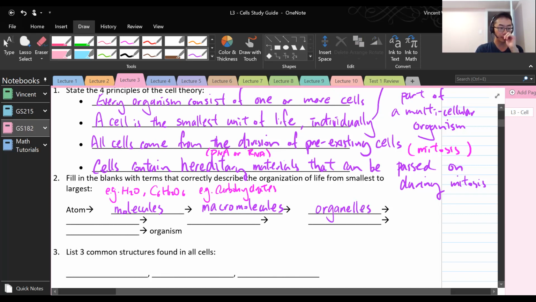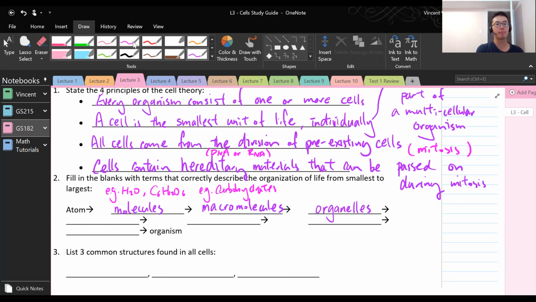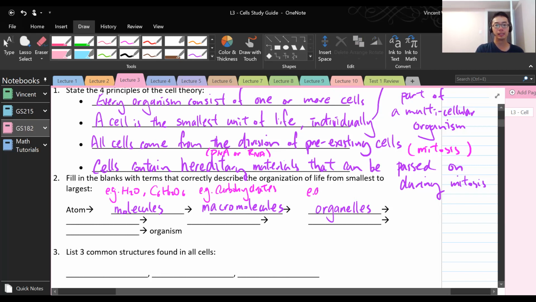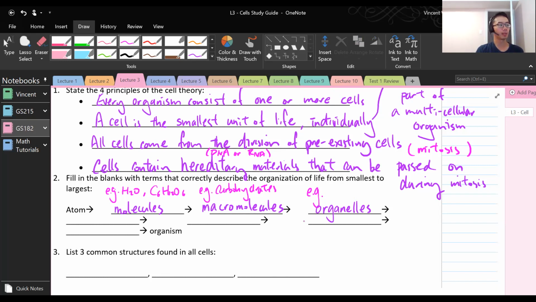Okay, so can someone tell me what is an example of an organelle that you remember from lecture or wherever? Give me some organelles here, people. Anybody know any organelle? Thank you. So Megan said nucleus.